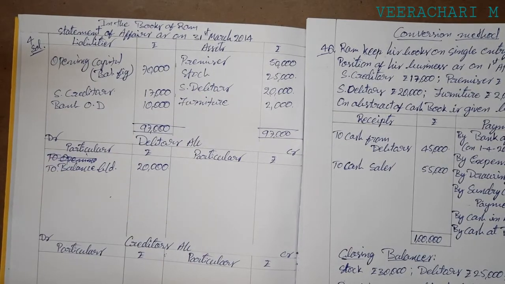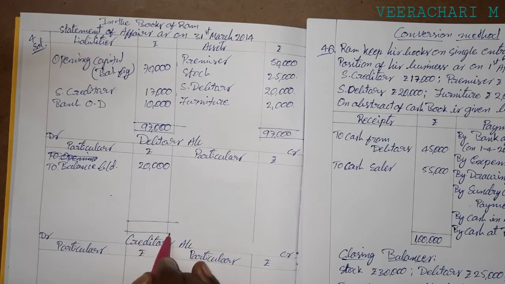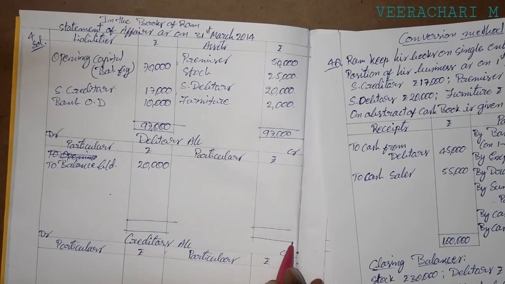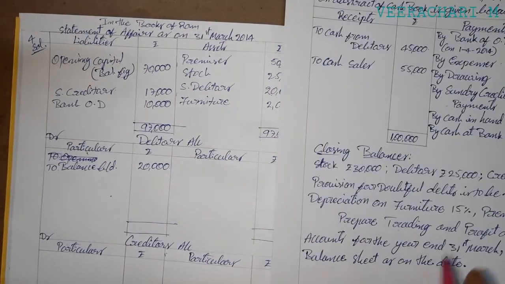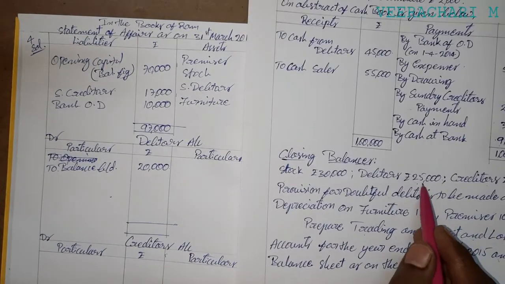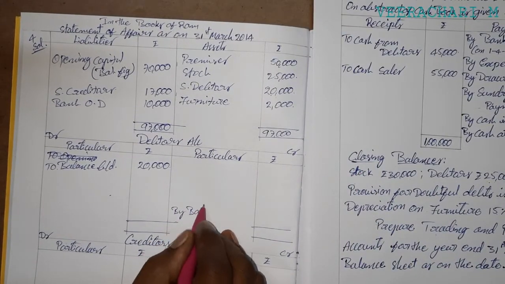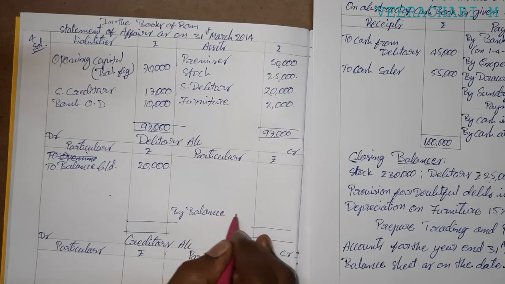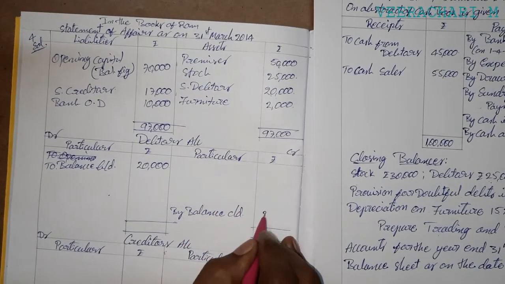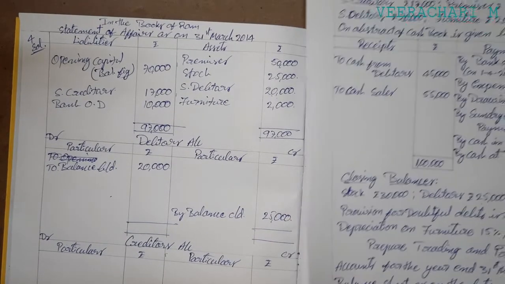And the closing value of the debtors at the end of the year, given in the question, is 25,000. You can write by balance carried down, 25,000.